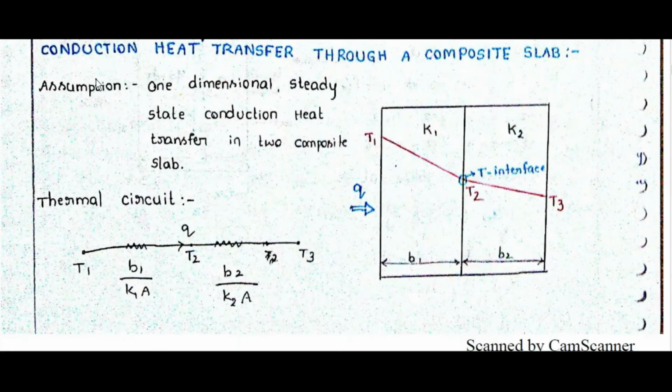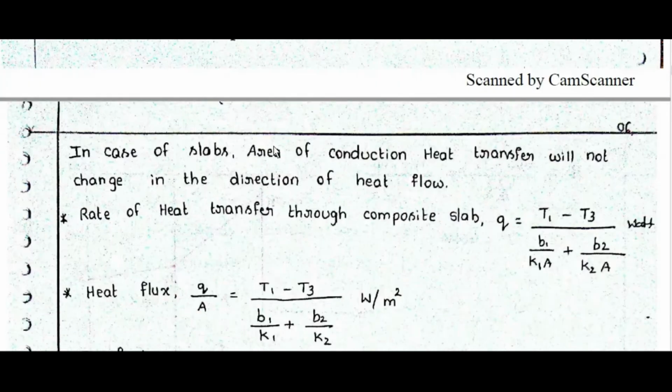Case 2, conduction heat transfer through a composite slab. Assumption: one dimensional steady state conduction heat transfer in two composite slabs. Thermal circuit: T1, T2, T3, resistances b1 by K1 A and b2 by K2 A. In the case of slabs, the area of conduction heat transfer will not change in the direction of flow.